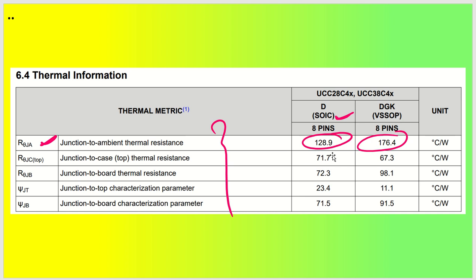However, this is the data available to us for junction to ambient thermal resistance. SOIC package performance will be quite a bit better compared to VSSOP, but to reduce the cost you can always go ahead with VSSOP, where there is no temperature problem, no temperature increment in the device because of switching or something like that.